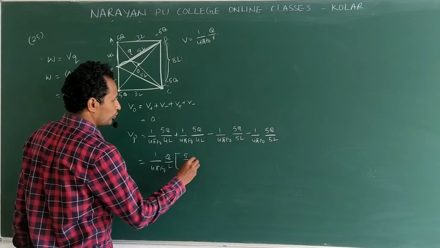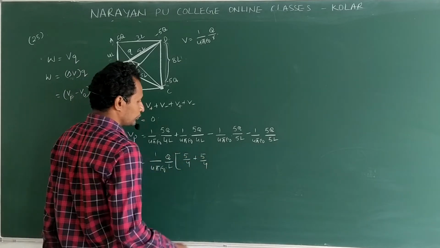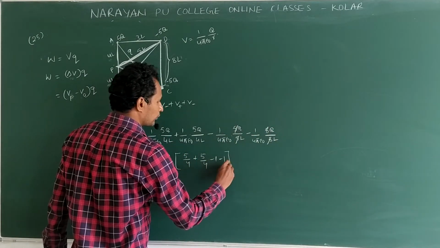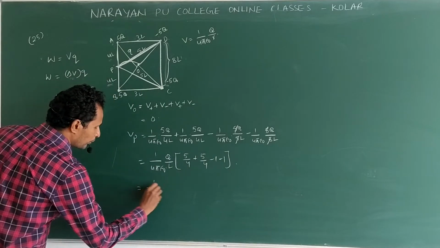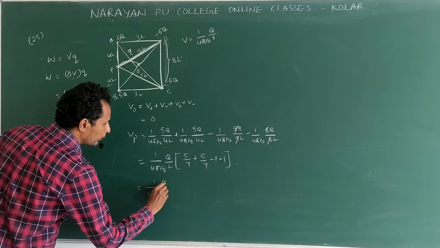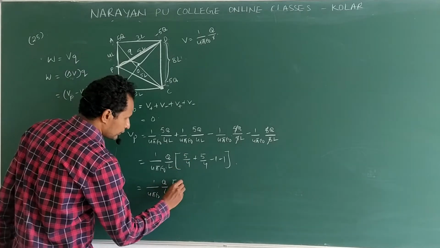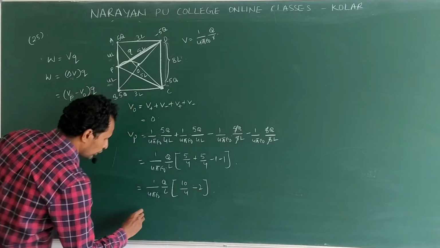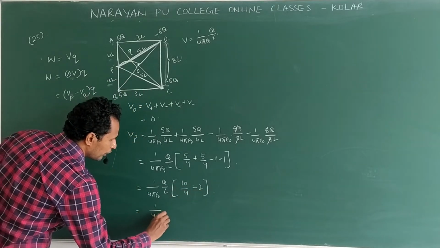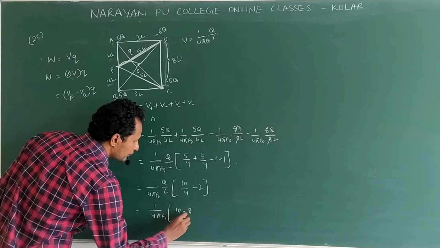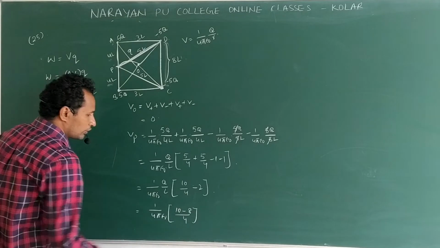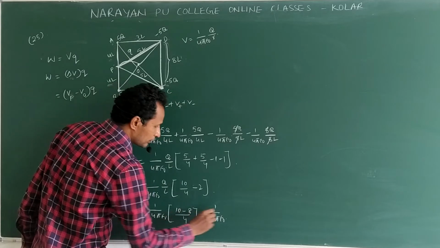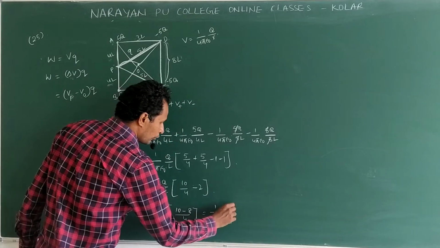Clear? Now 1 by 4 pi epsilon naught q by L, you take it common. 5 by 4 plus 5 by 4, minus 1, minus 1. So this is 1 by 4 pi epsilon naught q by L into (10 by 4 minus 2), which is 1 by 4 pi epsilon naught q by L into (10 minus 8) by 4, equal to 2 by 4.